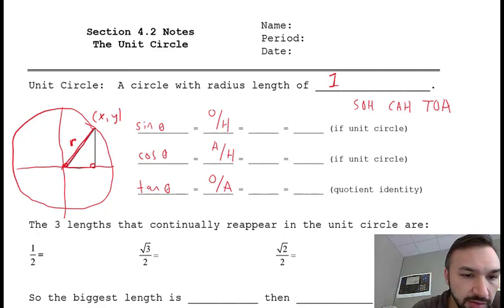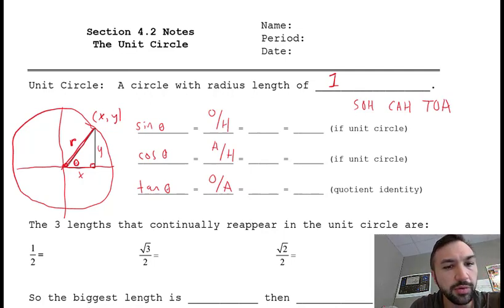In this case, I've got some distance x, some distance y, and some length r. The theta that we will refer to is this theta right here near the origin. You wouldn't use this other angle. You always use this angle by the origin. So my opposite over my hypotenuse is y over r.